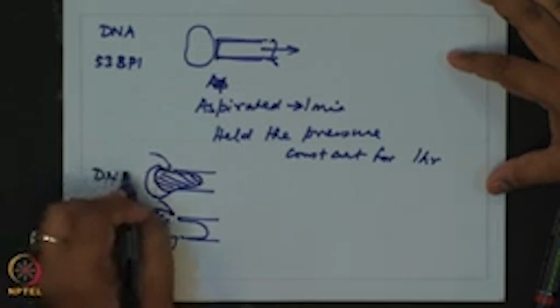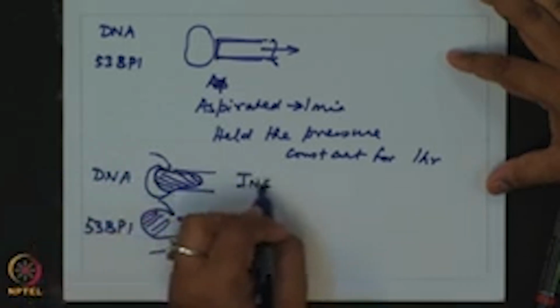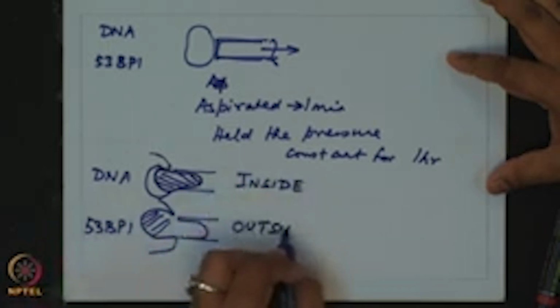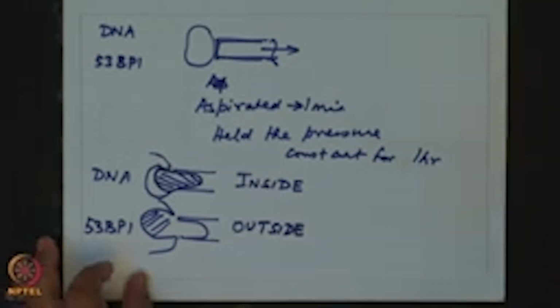So DNA was inside the micropipette, but 53BP1 was outside. Thus this again proves that there is a segregation.